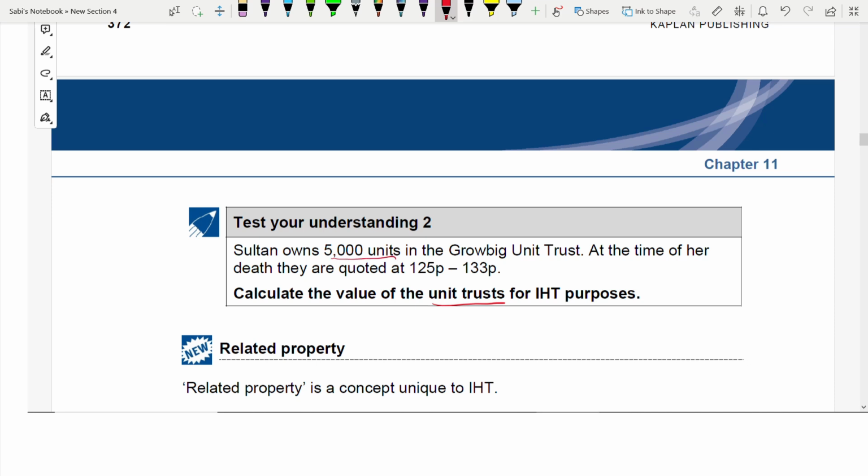She owns 5,000 units and the quoted prices are 125 pence to 133 pence. Remember the lower, so it's 125 pence. Means 5,000 into 1.25 pounds, so it is 6,250 pounds. This is the price. It's very simple because the lower.